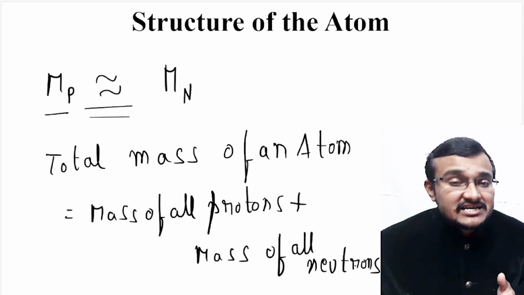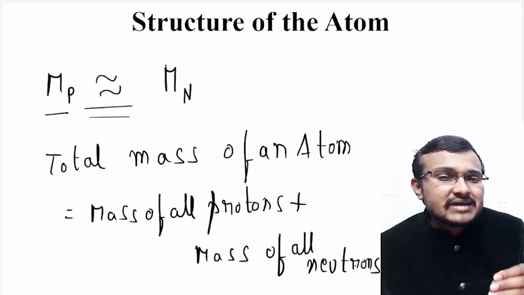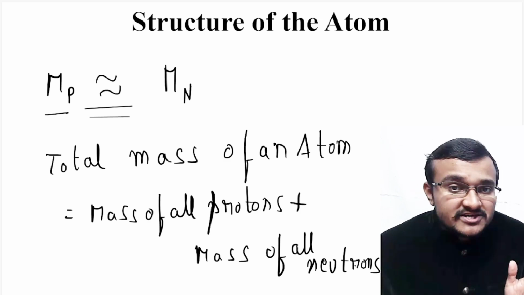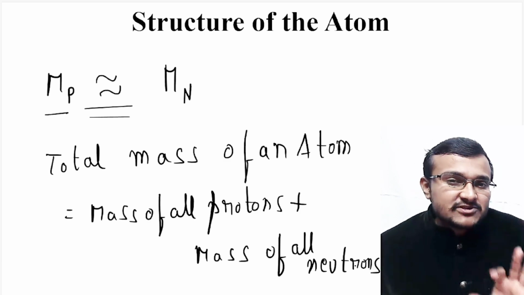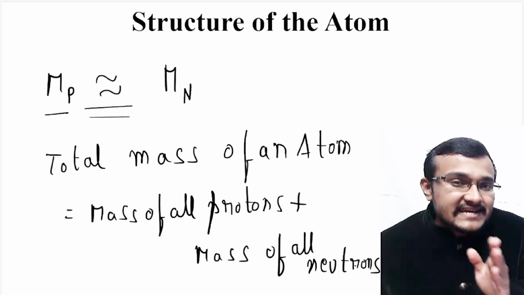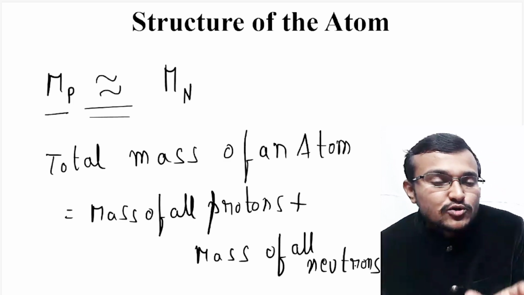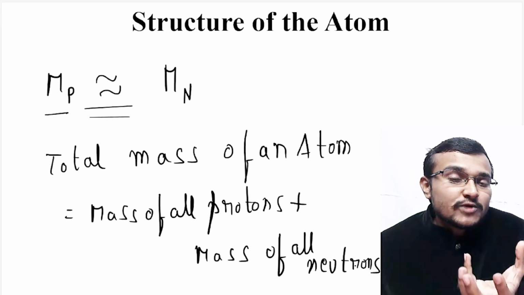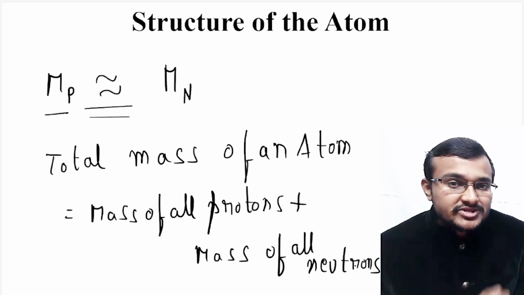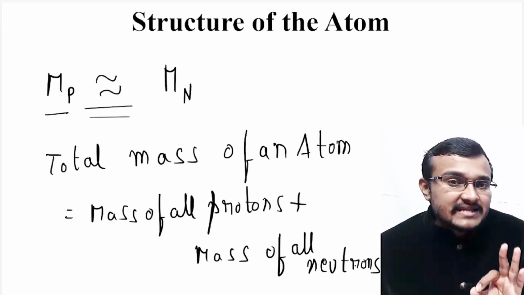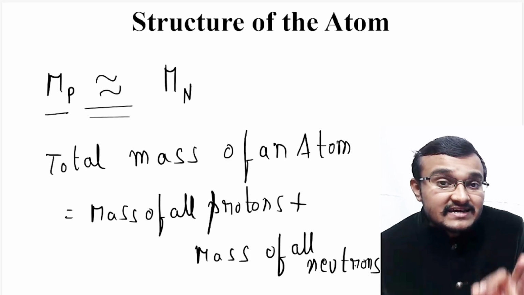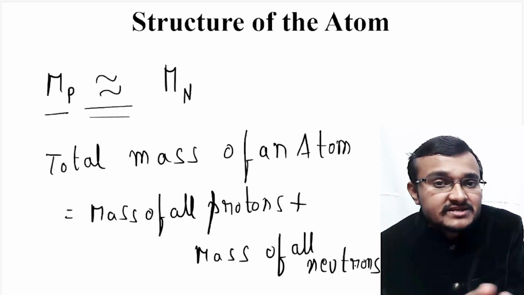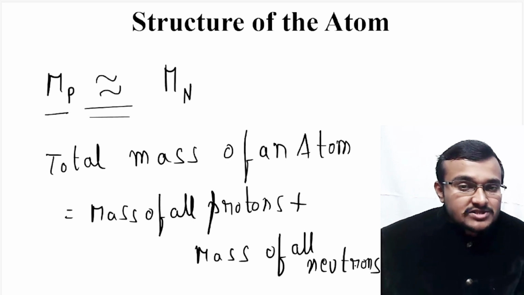The reason we are not considering the mass of electrons is that electron mass is very small compared to the mass of protons and neutrons. So the mass of electrons is ignored, and only the mass of protons and neutrons is considered for the total atomic mass of an atom. So that's why atomic mass number is basically the number of protons plus the number of neutrons present. We'll come to that concept as well.